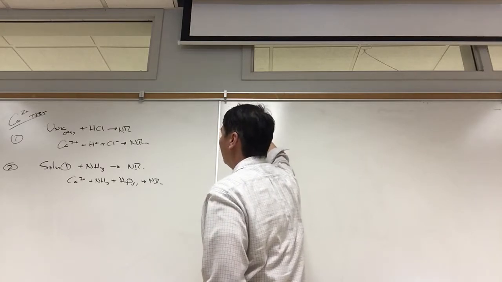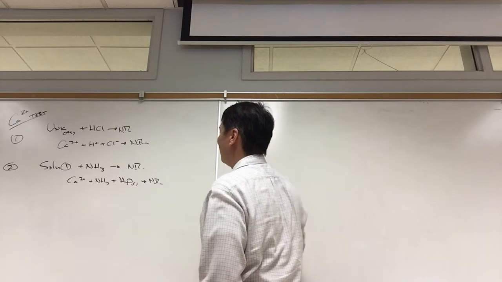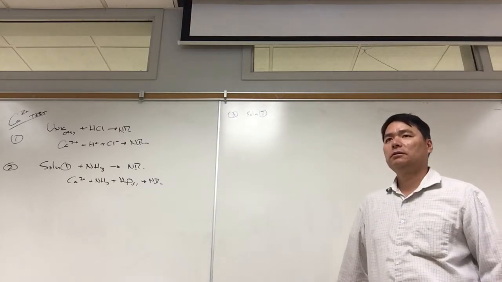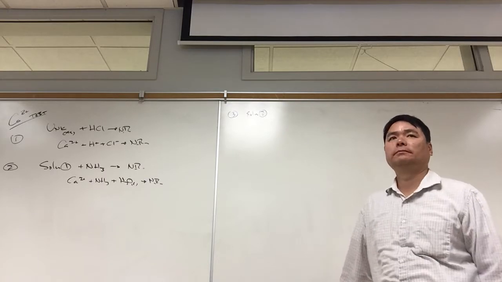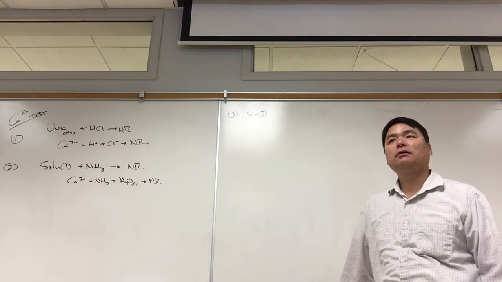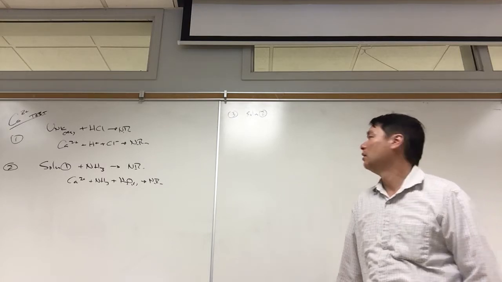And so for 3, we take solution number 2, and then we add the ammonium oxalate. Just add 3 drops of the ammonium oxalate?